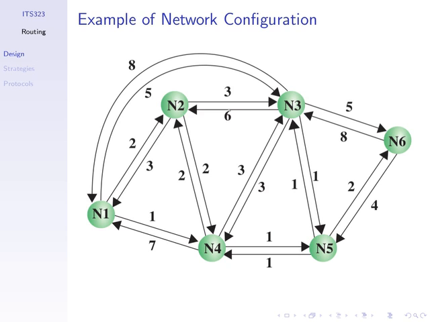Dr. Bunyarit may have taught you. Anyone remember? Bellman-Ford is one of them. Dijkstra's algorithm. When you talk about graphs, there are algorithms. Dijkstra's algorithm is an algorithm that will find the least cost path from one source to all possible destinations. So there are efficient algorithms that will do this calculation for us.